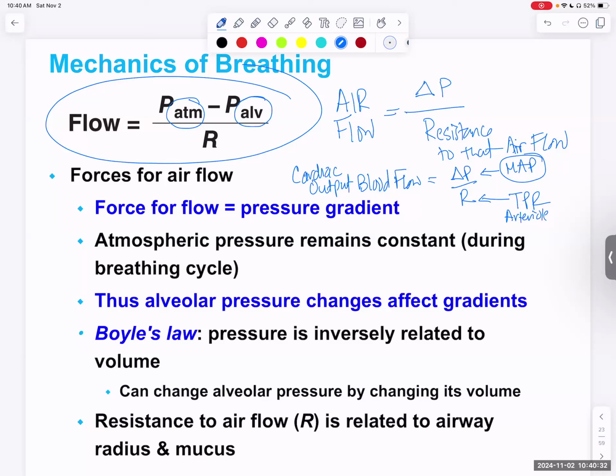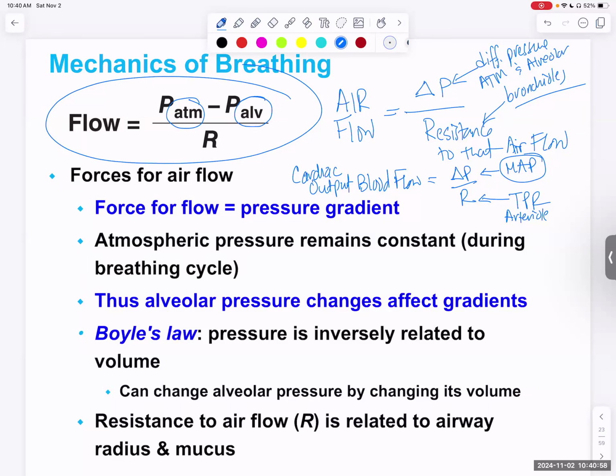So arterioles for cardiac blood flow, it's the resistance in the bronchioles versus the difference in pressure, not between the aorta and the vena cava, but between atmospheric pressure and alveolar pressure. Same concept though, right? That's what's driving air to move.